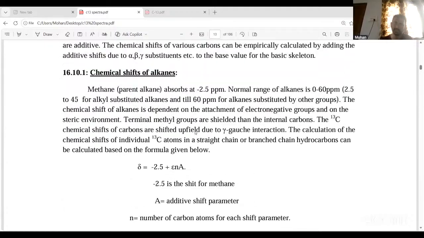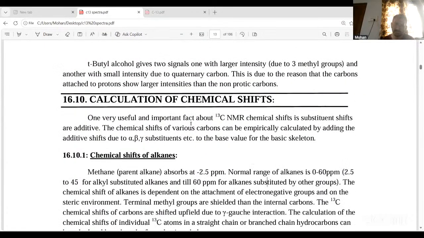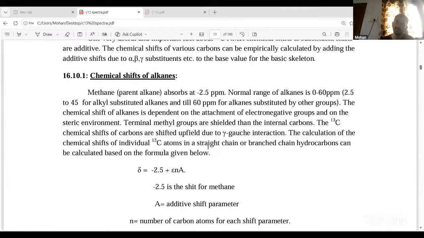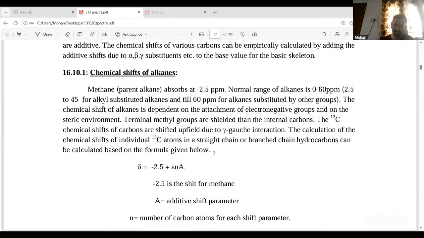Manually you can calculate the chemical shift values, and the values obtained by this manual calculation are not exact values like those obtained from the instrument, but you get a near value, a calculated value.